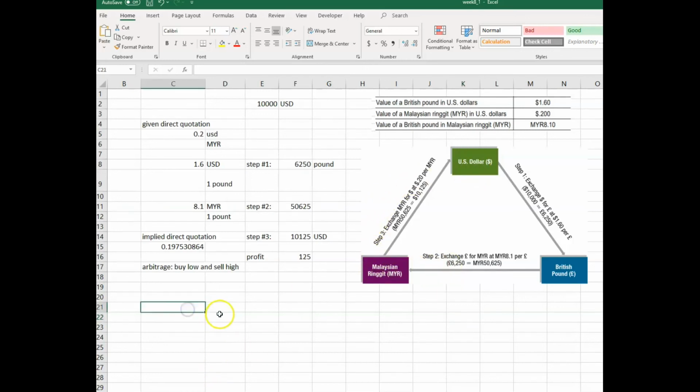So this is US dollar to pound, to ringgit, then we go back to US. So this is the flow. We start from USD and end up with USD. We start with 10,000 and end up with 10,125. Then the profit is 125.